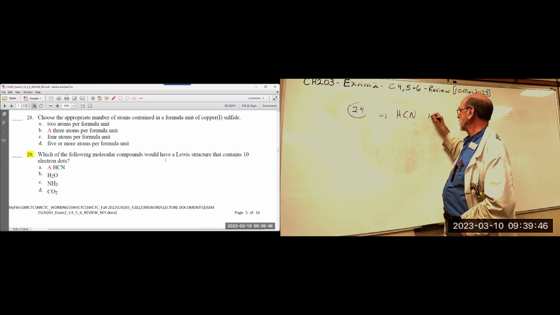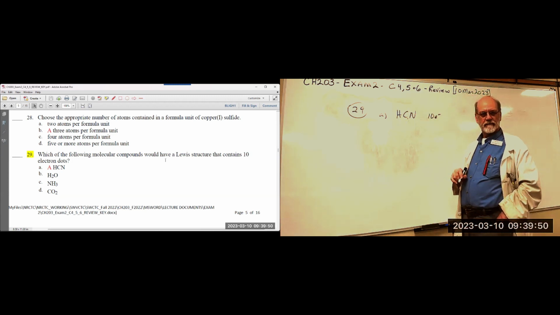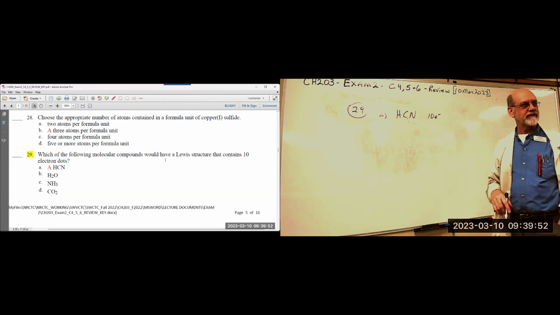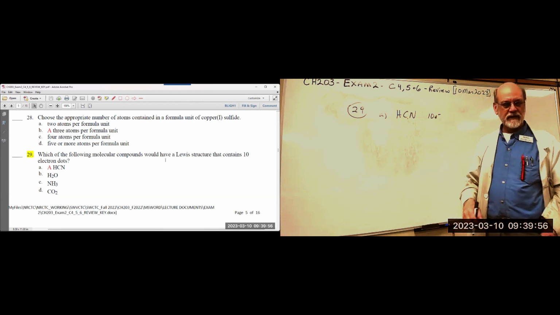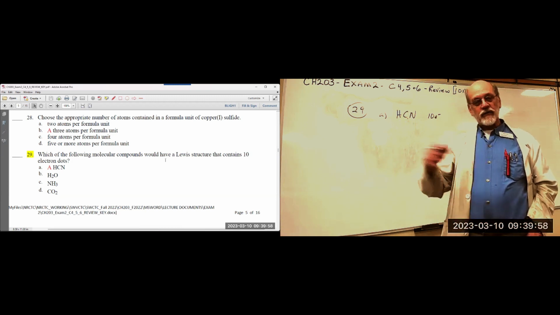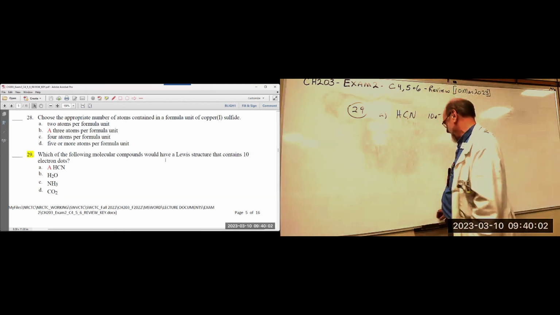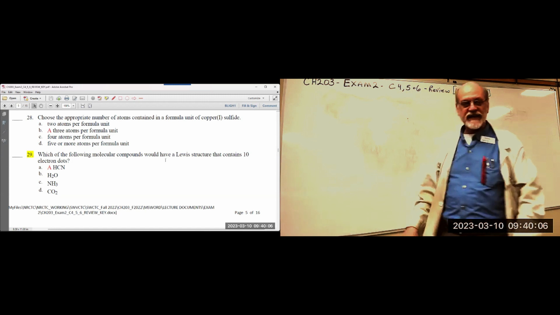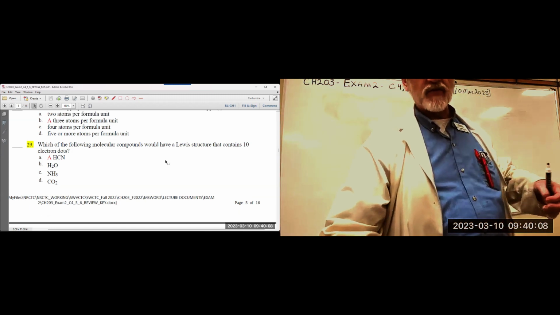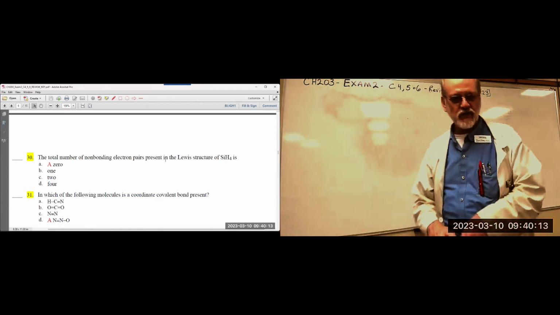So that's 10 electrons. Oh, okay, we got our answer. If it's got 10 electron dots, that's it. We could go through the rest of them if you want to. If we're pretending we're taking the test here, we want to do things as quickly as possible and get done with the torture.